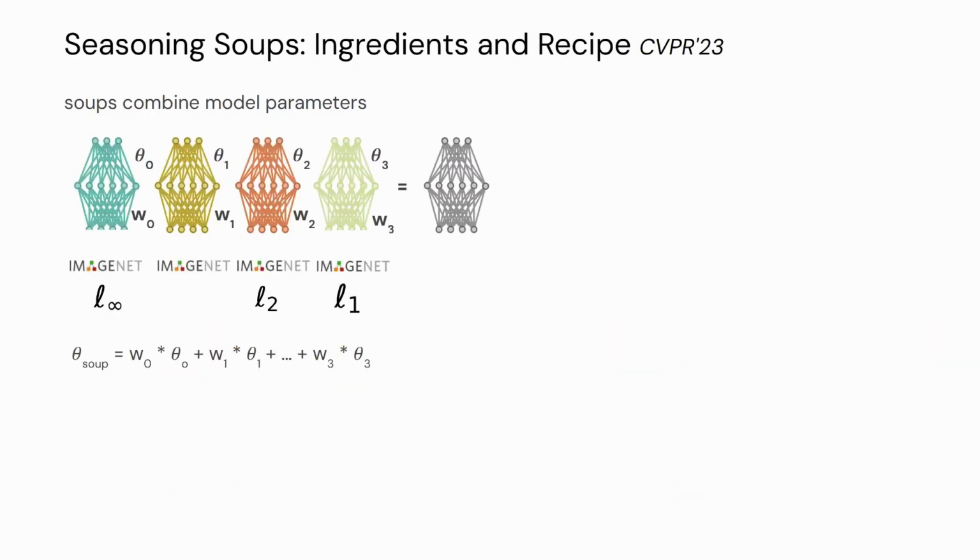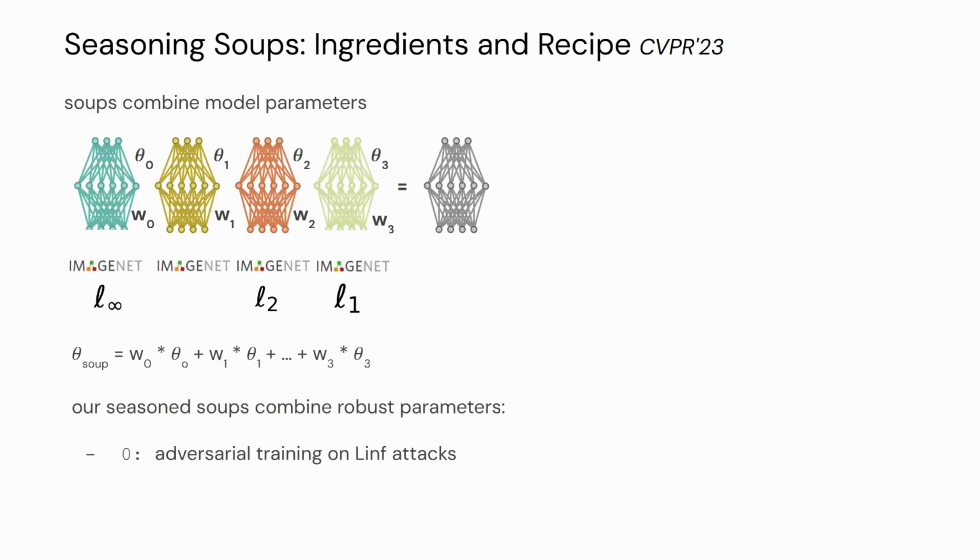So in our project, which we call seasoning soups, because it's a follow-up to this original soups paper that discovered you can do this at all, we're going to make our ingredients, our model parameters, by doing different kinds of fine-tunings for robustness, right? So we can do trainings with types of attacks limited by different norms. What are these going to be? So the trick is we're going to start from one single model.